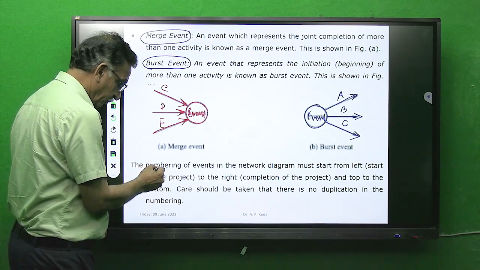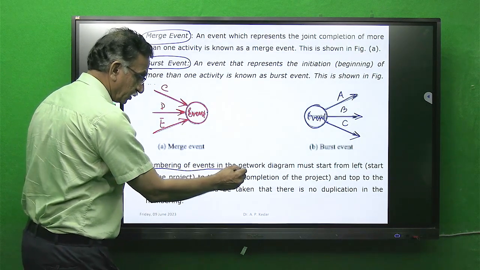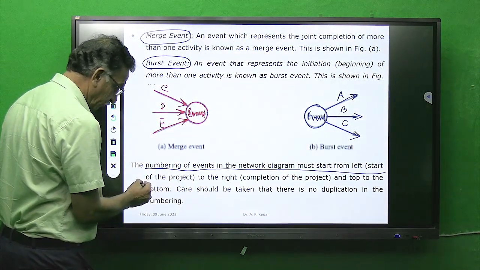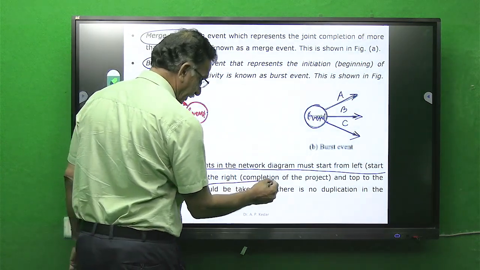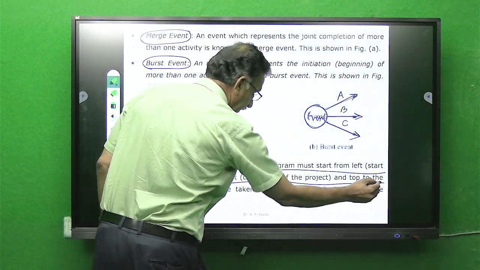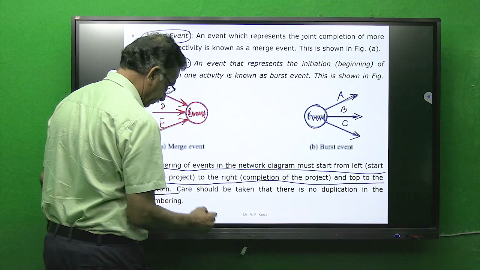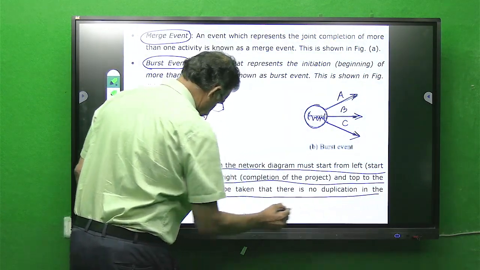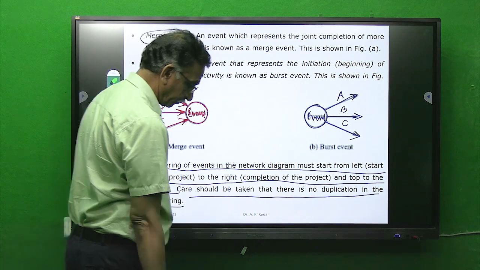Now, the numbering of the events in the network diagram must start from the left of the project to the right of the project and from top to bottom. Care should be taken that there is no duplication in the numbering.